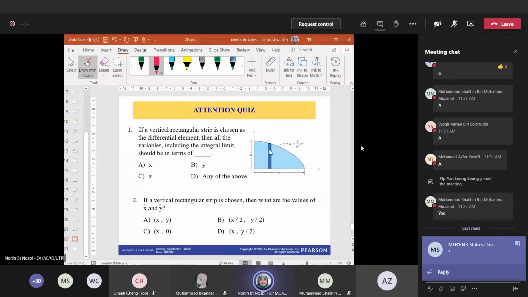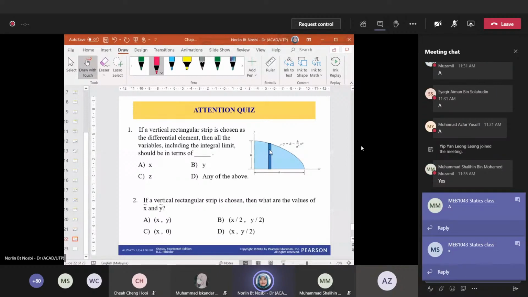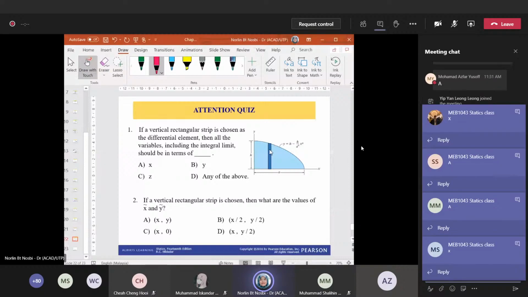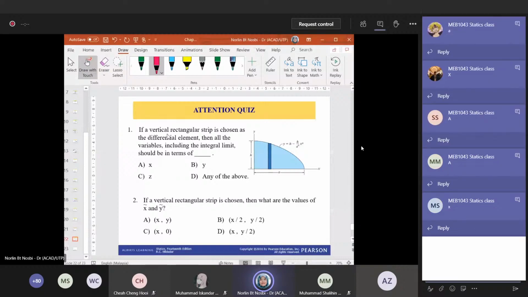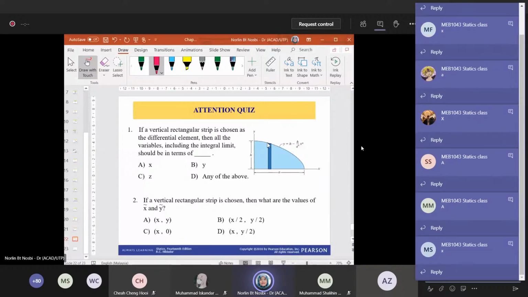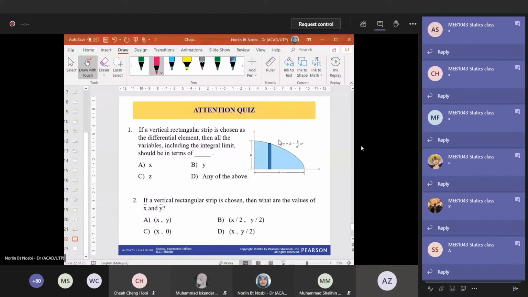This one I showed you before. What is the answer? Vertical rectangular. Okay, so what element? X, Y, Z, or none of the above? Okay, yes, correct.